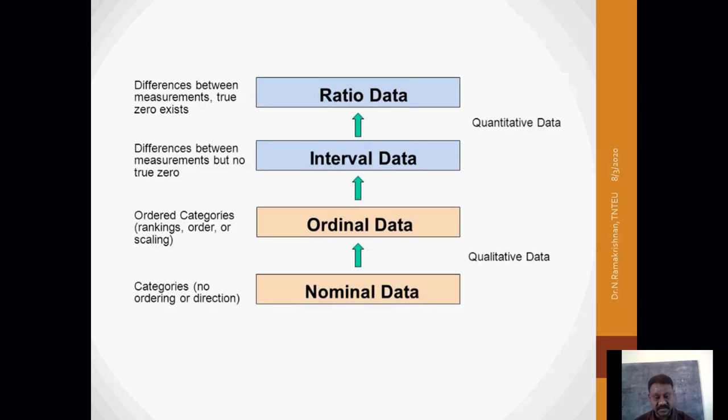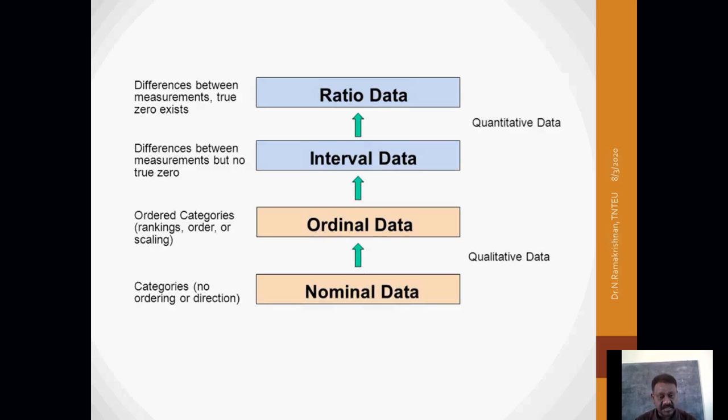So if they have categorized, if they have ordered the same brinjals, tomatoes based on price, it is known as ordinal data. I think now we have clearly understood nominal data and ordinal data. I hope so. This is categories, ordering or direction, nominal data. Then ordered categories, rankings, order scaling.